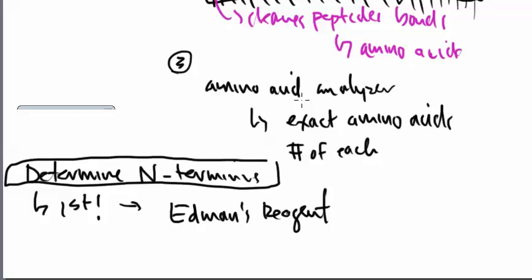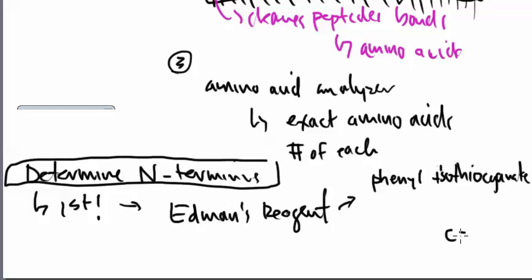The Edman's reagent looks at the first amino acid in the chain and cleaves it off. If you do want a name, maybe the name is kind of important, it is called phenyl isothiocyanate. And this is basically a C double bond S, double bond N, and then off of this nitrogen is a benzene ring.